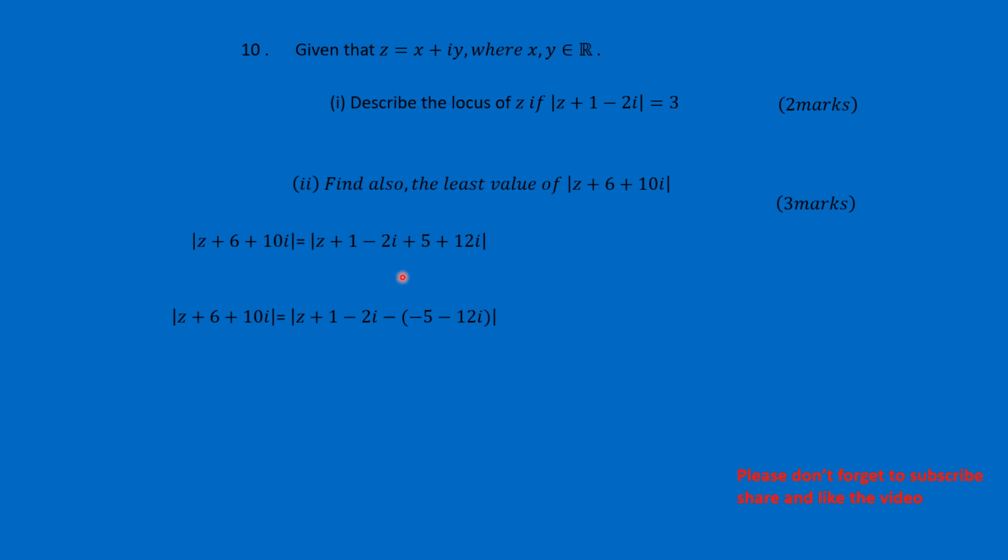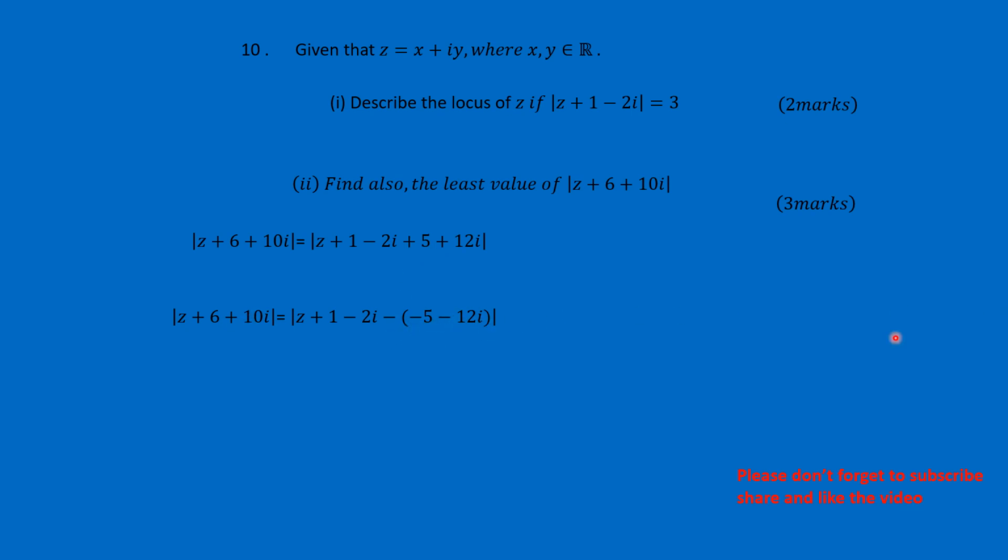What about the 10i? Since I have introduced negative 2i, I will have to add the 2i to the 10i, giving us 12i, so that I have not changed anything. So I've just created this expression that we have inside here. Now when you go ahead to simplify, here we can factor out a negative to get minus 5 minus 12i.